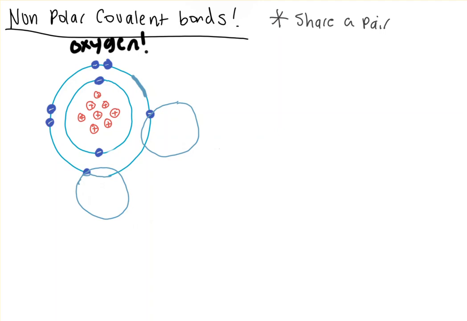Now I'm going to pick a different color to do some electron drawing. So there's our two shared pairs, but of course we can't forget that we need to include some protons. And of course, for each hydrogen, there is only one. Okay, so now I've created my two covalent bonds.